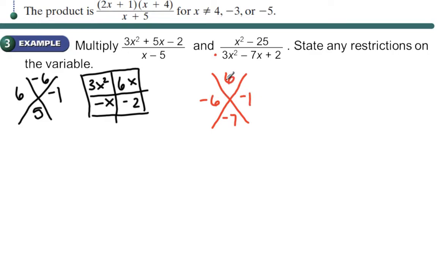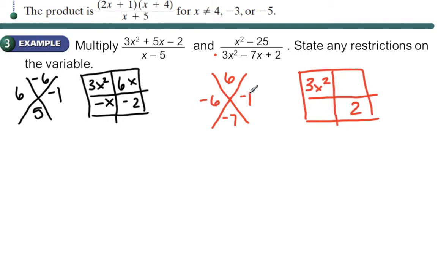Negative 6 times negative 1 is positive 6, so that's good. Now we want to set up the box, and we put the first term here, the last term here, and then we take these two factors that we determined and put them on the other diagonal.